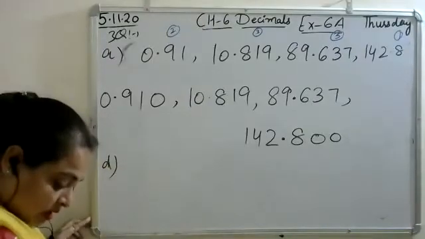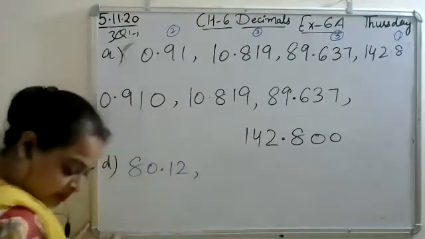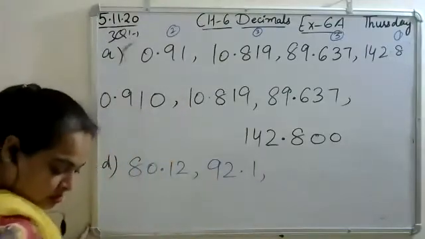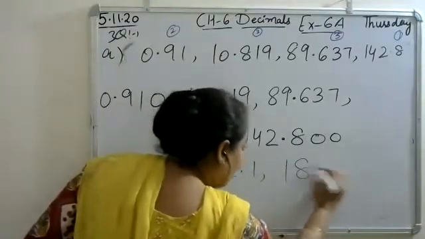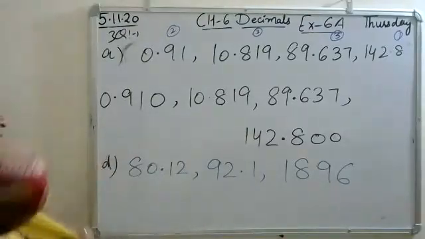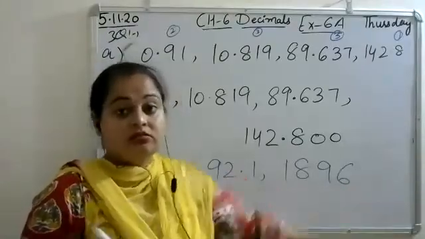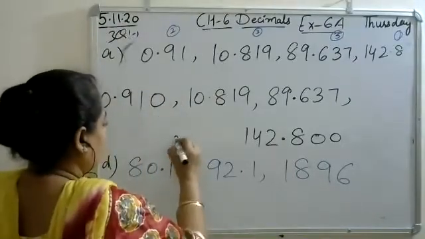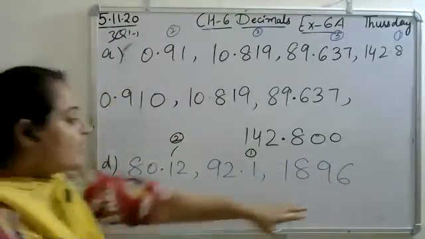D part is 80.12, 92.1 and this is without decimal. देखो इसमें बेटा डेसिमल है ही नहीं, नो डेसिमल. सो चेक द प्लेसेस. 2 places, 1 place and no decimal here.